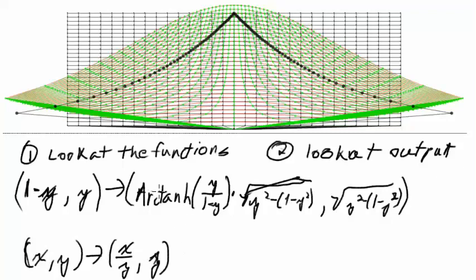And so that would mean that x comma y to x over y comma y would just send it to arctangent of y over 1 minus y, comma, square root of y squared minus 1 minus y squared, because we're just dividing this by that, so it just gets rid of that.